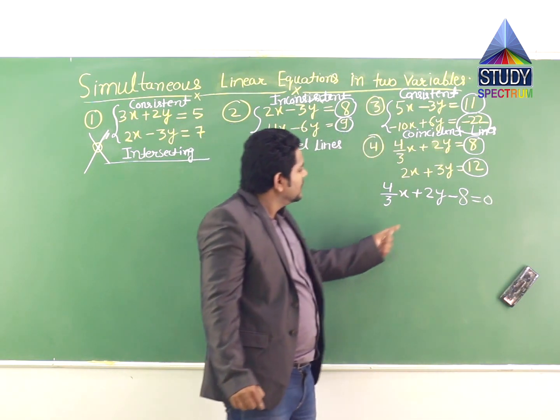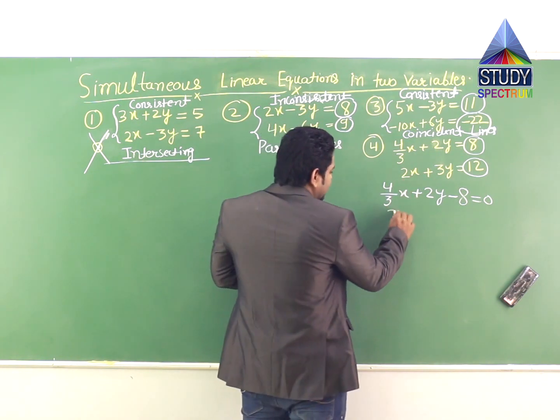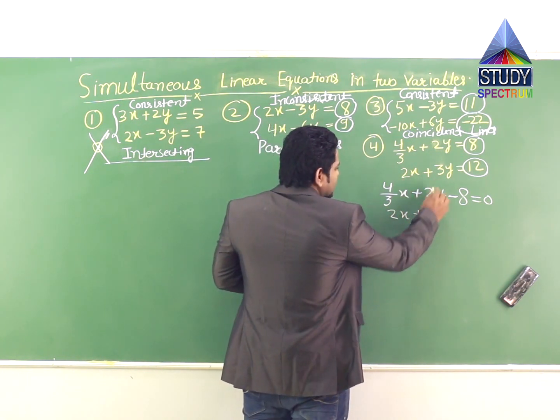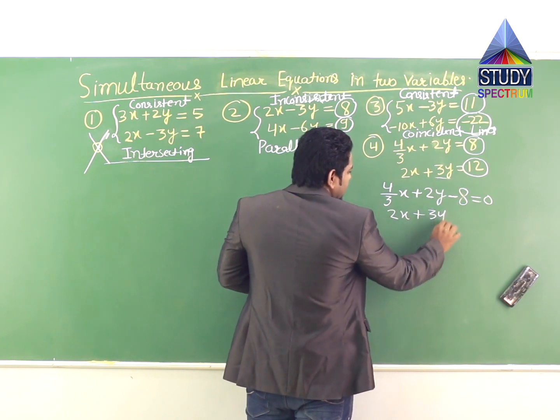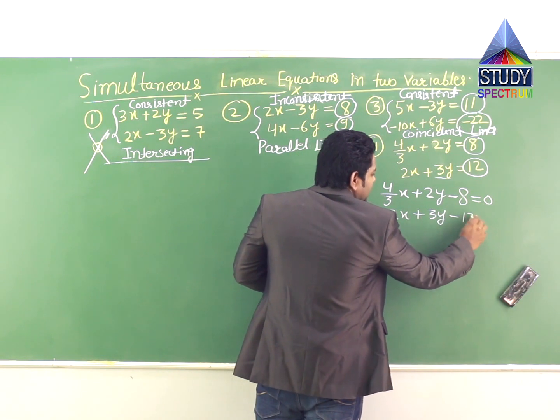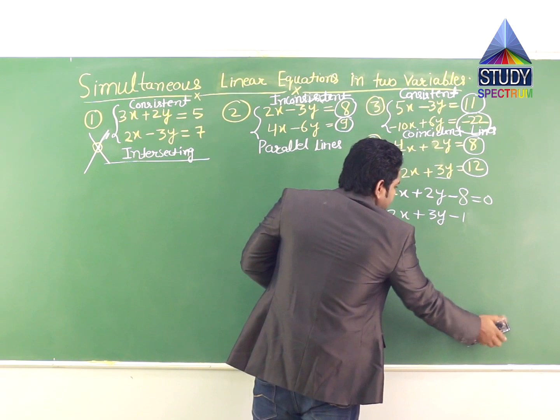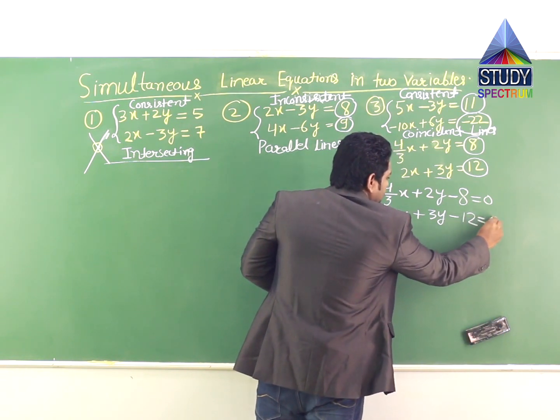Now come to the second equation: 2x plus 3y, 12 on the left hand side will become minus 12 equal to 0.